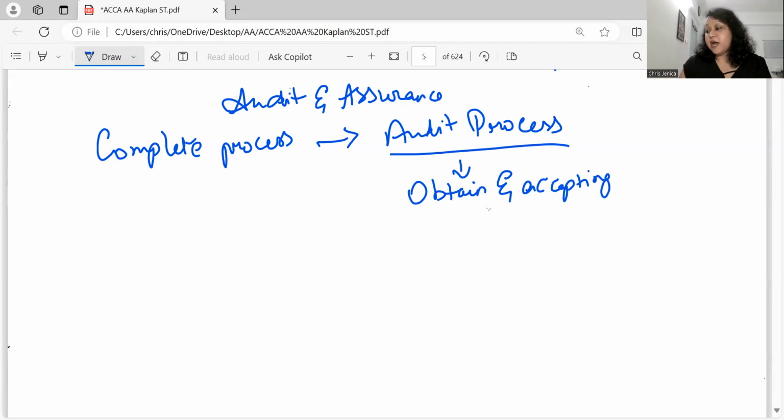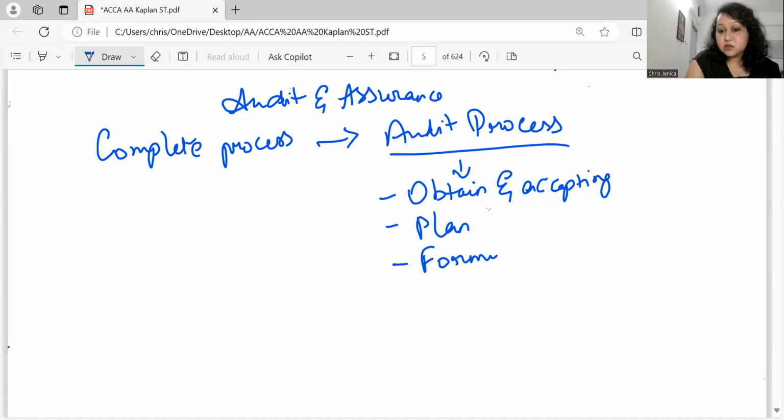Then we will have to plan for the audit. I'm just telling you in short for you to understand what we are going to study in this paper. So you'll be planning for an audit. Then you will formulate certain strategies. Based on which criteria you will formulate strategies, you will have to analyze what are the risks that could be there in the company which you're going to audit.